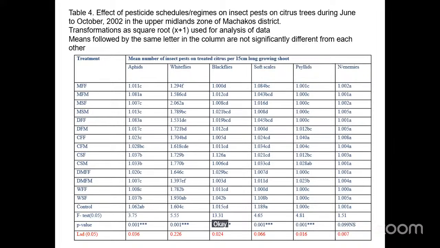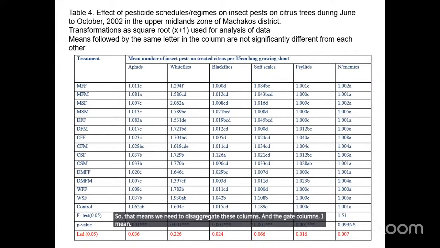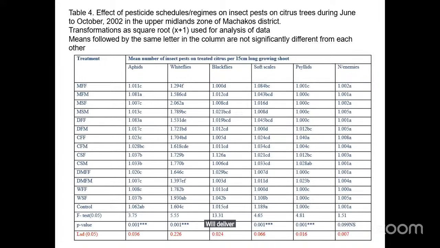So as I said, we could theme sets of this data. And when we theme, you realize that that theme cannot apply to all the columns, because in some columns it will be higher and then lower. So that means we need to disaggregate these columns and get tables that will deliver the sense that is coming out of them.